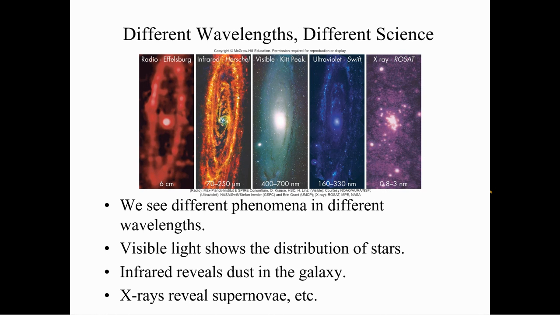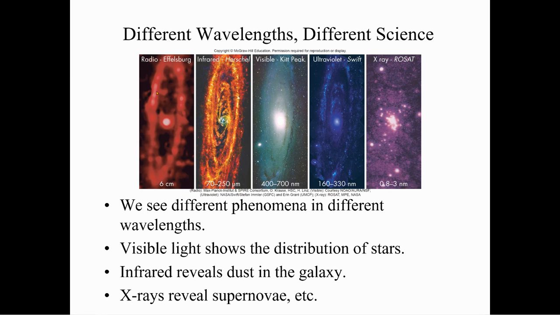Now, if we look at space through different types of telescopes, here's the visible spectrum. If we just look through a telescope at this area, we see this. You'll see a lot of stars. If you look at it in infrared, this is the same area, but in an infrared telescope, this is what we see.